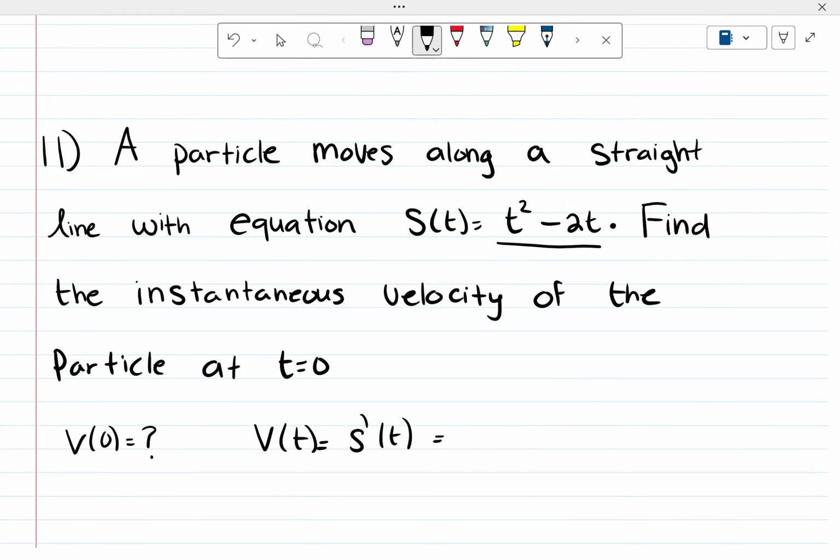The derivative of t squared is 2t. The derivative of -2t is -2. Then, because we want to find v of 0, we'll replace t with 0, so that's going to be 2 times 0 minus 2, which is -2. So the instantaneous velocity would be -2.